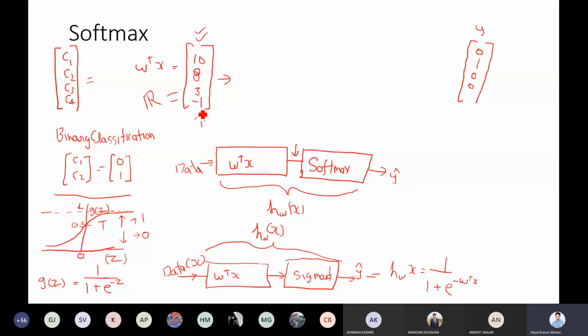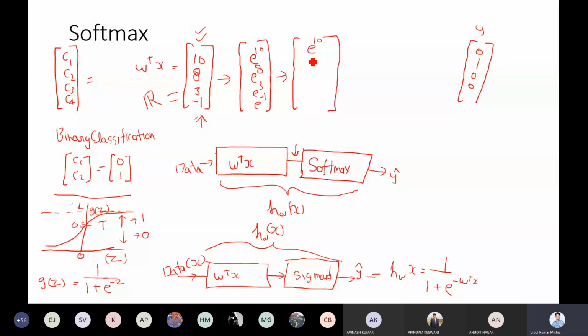So the very first thing we do is convert all these positive and negative values into positive values, by simply taking e to the power of those values: e to the power 10, e to the power 8, e to the power 3, e to the power minus 1. You already know that e to the power of anything is always positive. Once you have all positive values, you just divide each value by the sum of all.